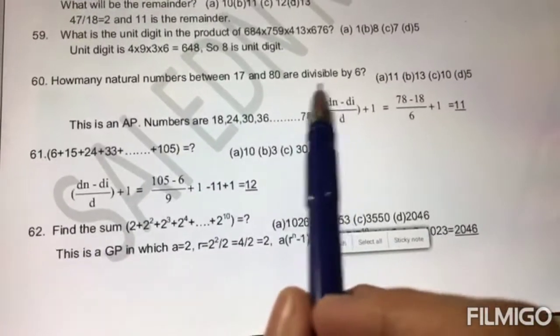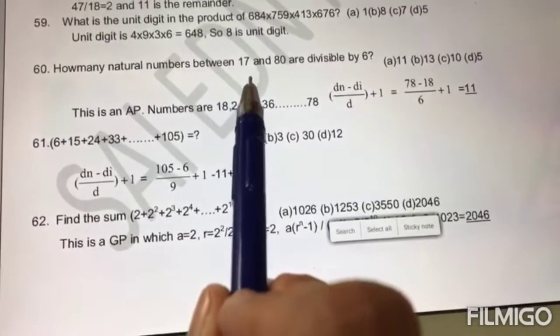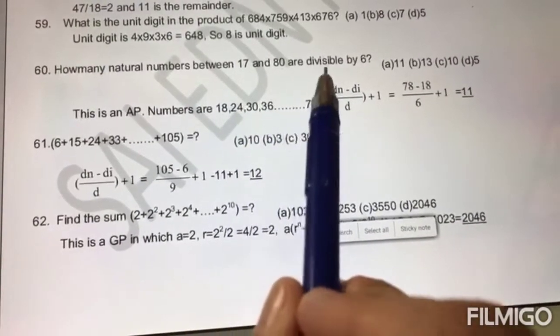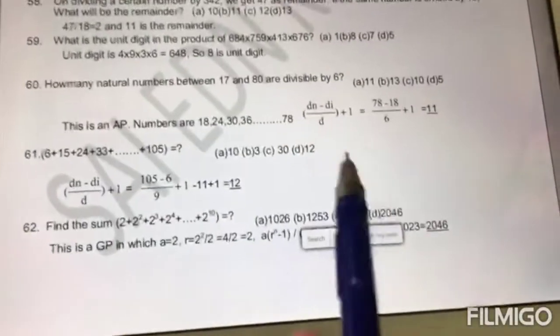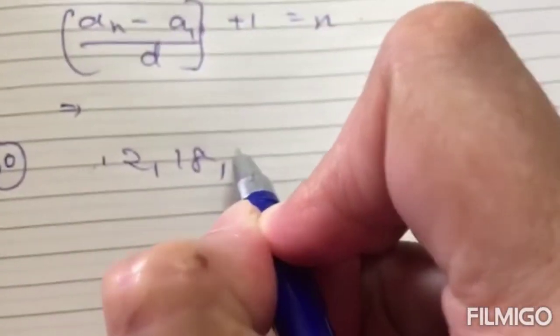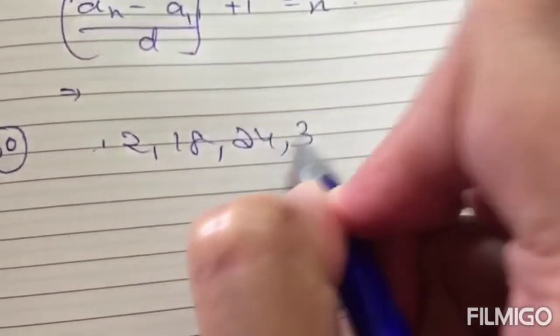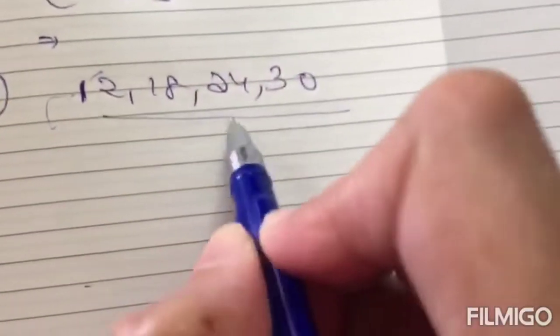Now they are saying, let me go back. They're talking about numbers between 17 and 80 which are divisible by 6. What do you mean divisible by 6? If I take these numbers, 12, 18, 24, 30, these are all numbers divisible by 6.